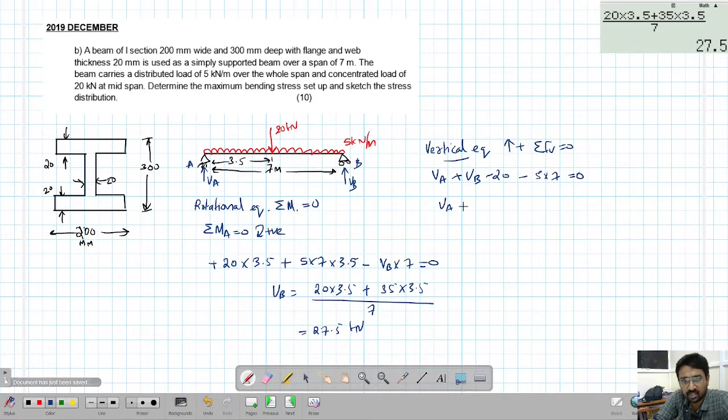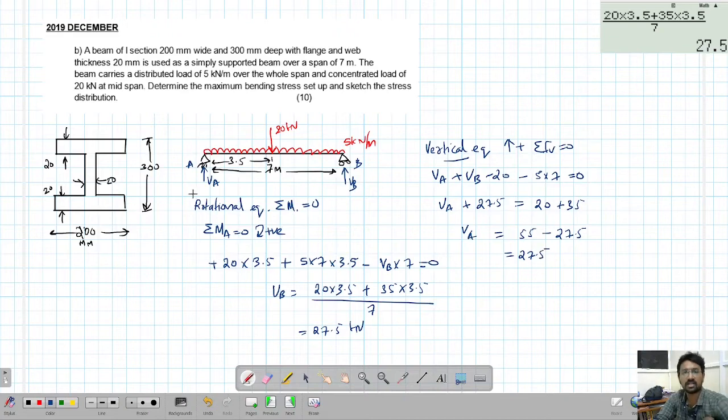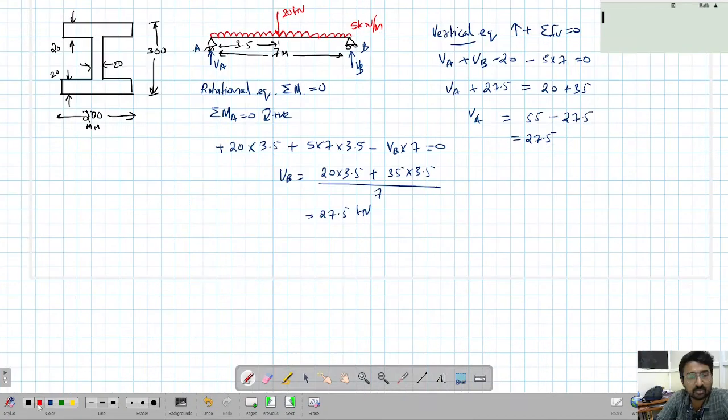So VA plus 27.5 equals 20 plus 35. So VA equals 55 minus 27.5 equals 27.5. Okay, so reactions are 27.5 each.